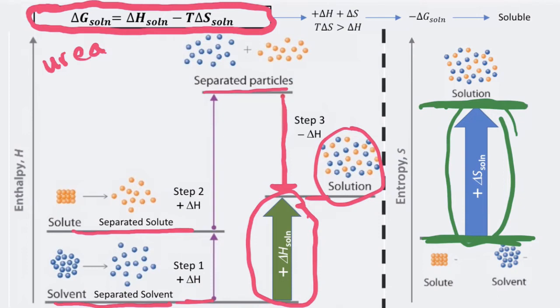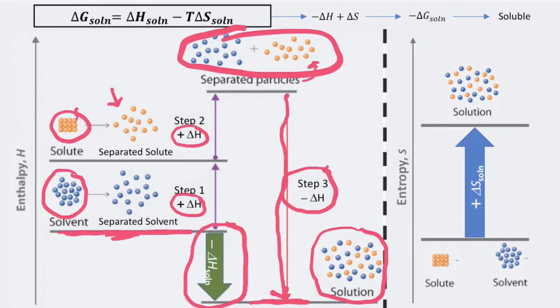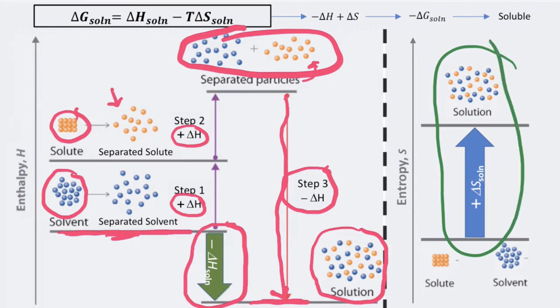And if we go back to our previous picture, the negative delta H, or the exothermic solution that became hot, we still see that there is a positive delta S of solution. So when things are mixing, they're increasing entropy. And both of these create a negative delta G of solution, and so it becomes soluble.